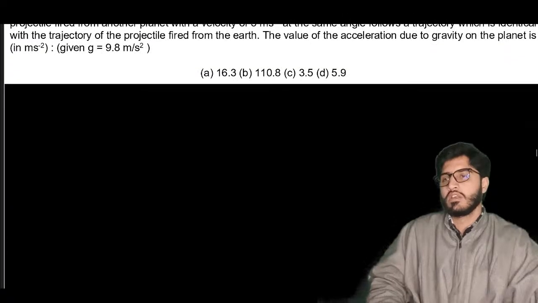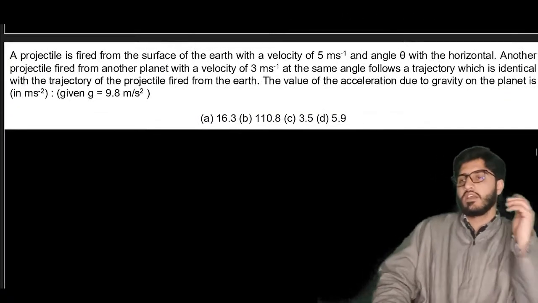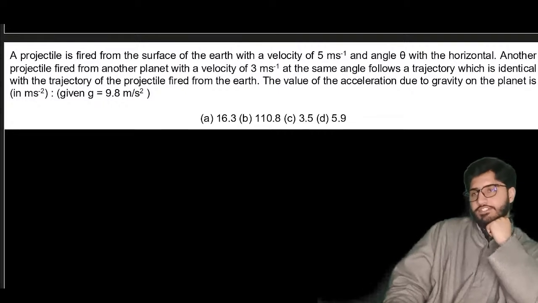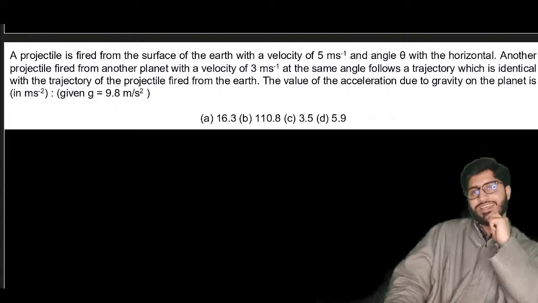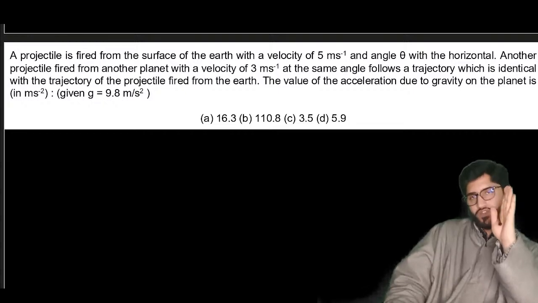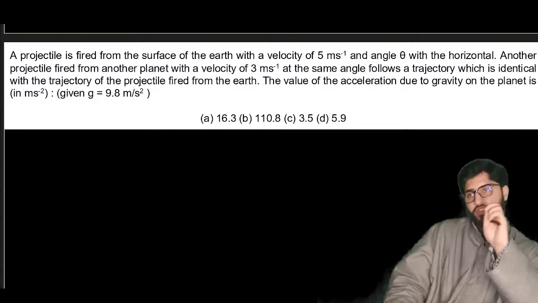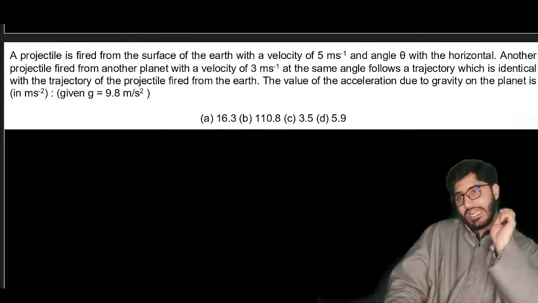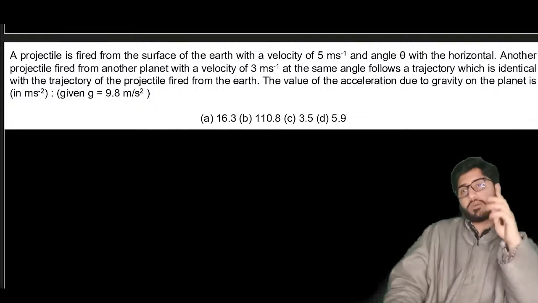Okay. One more numerical. A projectile is fired from the surface of the earth with a velocity of 5 meters per second at angle theta with the horizontal. Another projectile is fired from another planet with a velocity of 3 meters per second.